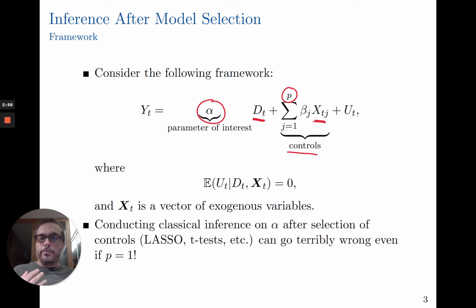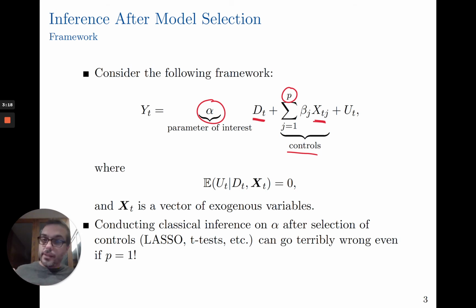What's important is that the problem I'm going to mention is not only a problem of high dimension. I will show that things can go wrong even in very low dimensions, like p equal to 1.